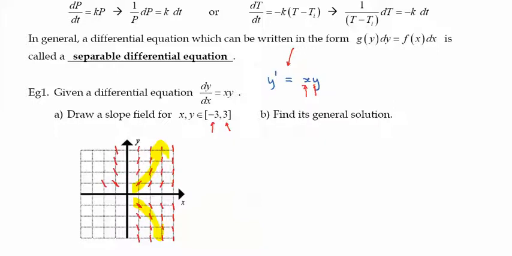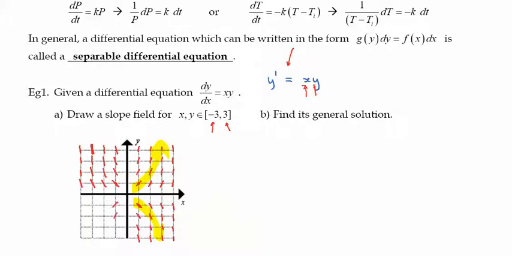-2, -4, -6, -8, and then for this one it would be -3, -6, -9, -12, very steep, -4. These lines will give us very steep slope.